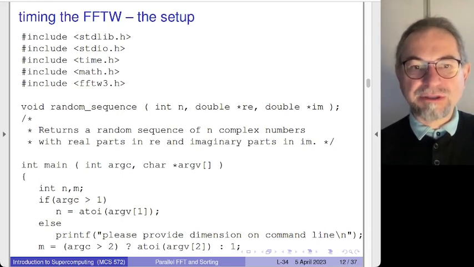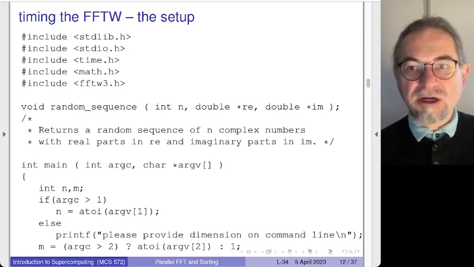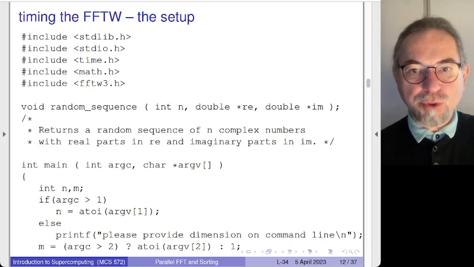If that argument is not provided, then the default will be 1. So this is for timing purposes. I do not want to fix the dimension of the problem in the code itself.